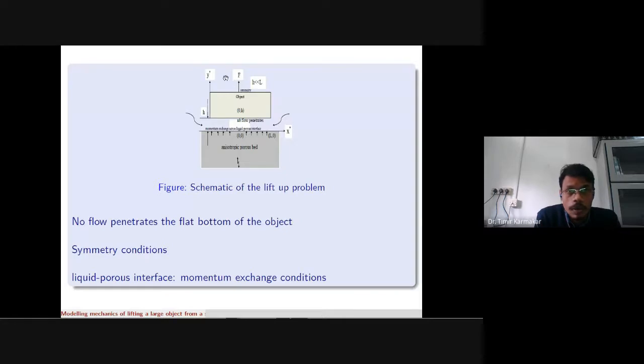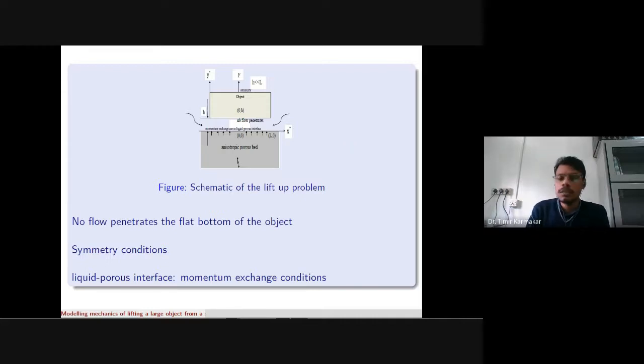Once we increase the gap further, the flow from the peripheral region, the sea water, will saturate this region, and eventually it will overcome the suction force, and then we can lift the object upwards. So here we can note that the horizontal flux is coming from the peripheral region, that is the water of the sea, and the vertical flux is coming vertically from the porous seabed. These are the total flux.